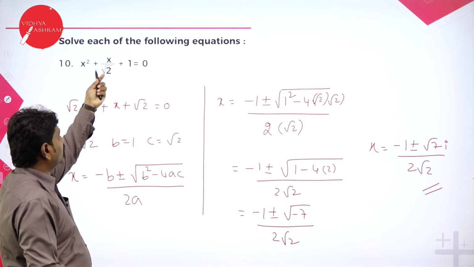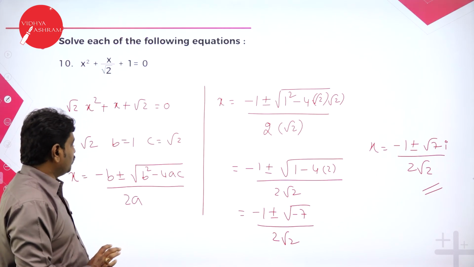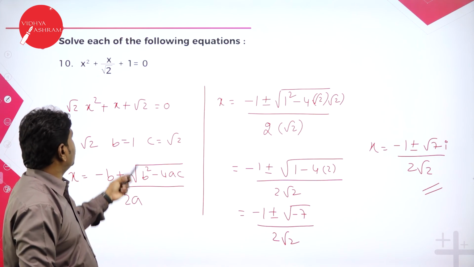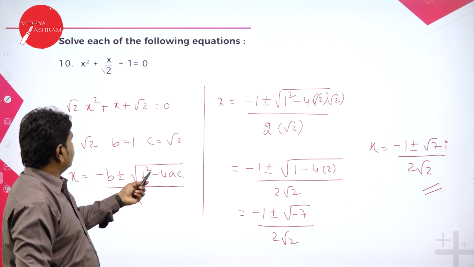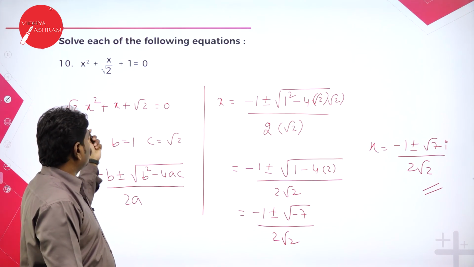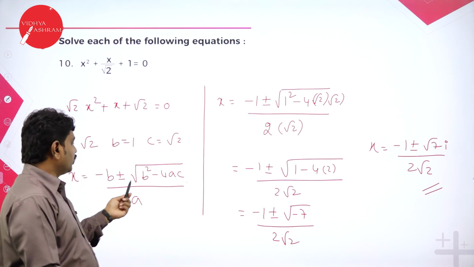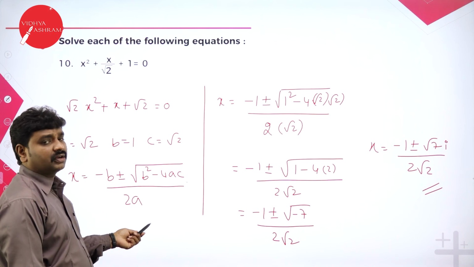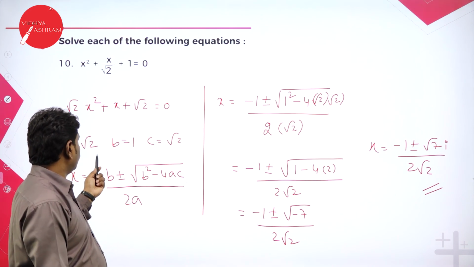Or directly, a is 1, b is 1 by root 2, c is 1, you can take and solve. So b square minus 4ac: b square is 1 square minus 4 into root 2 into root 2, which becomes 2, 4 twos are 8. So 1 minus 8 becomes minus 7, root 7i, and 2a, 2 into root 2, that's it.